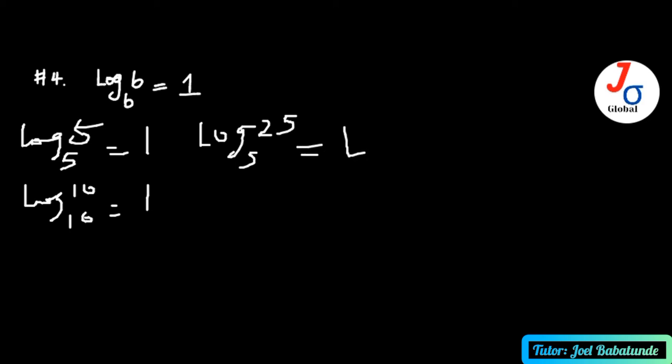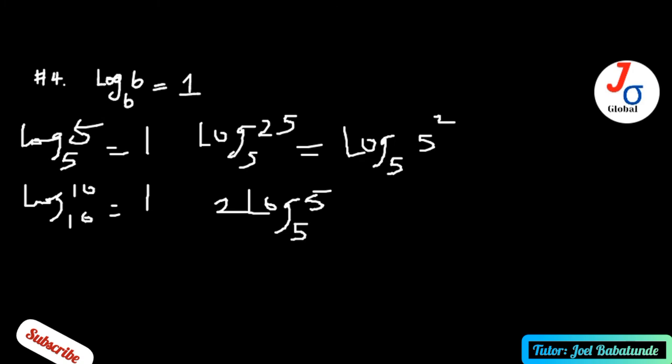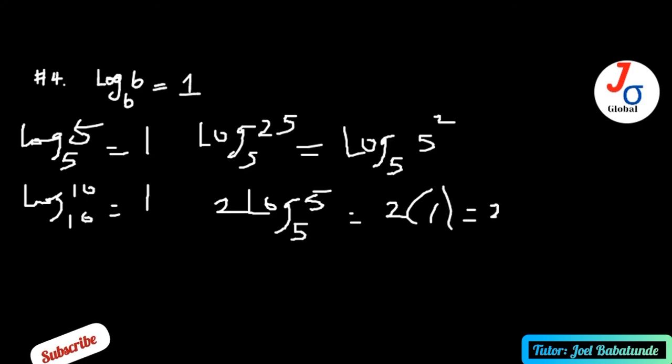I'm going to write this as log 5 squared base 5, because 5 squared is actually 25. So I'm going to bring this 2 to the front, and then I'm going to get 2 log 5 base 5. And what's 2 log 5 base 5? Log 5 base 5 is 1, and so 2 times 1 is actually 2.